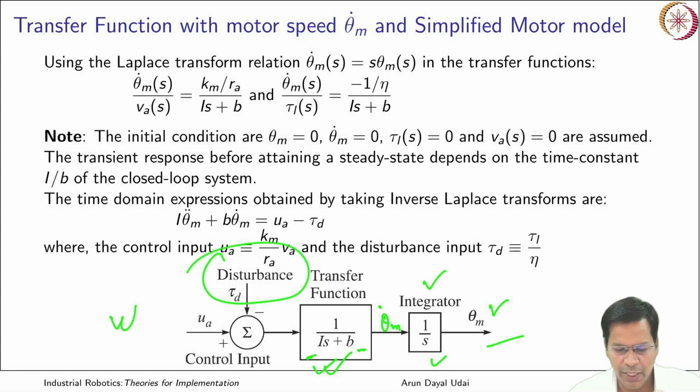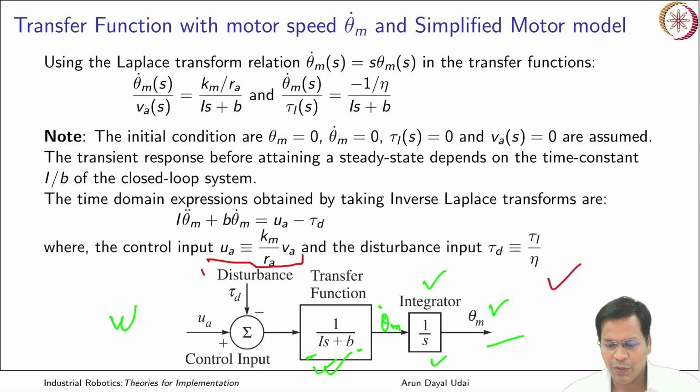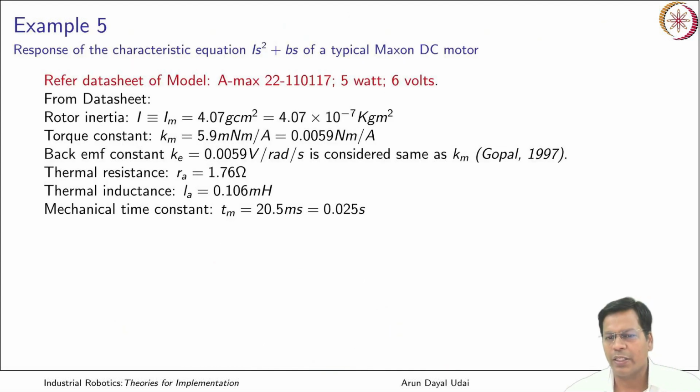This is your disturbance, and you have the control input u, which is shown over here. So yes, this is your system. That is very simple. It becomes a single input single output system, where you have ignored the torque that is coming from the load side. Now let us take one small example by taking a data sheet of a Maxon motor.